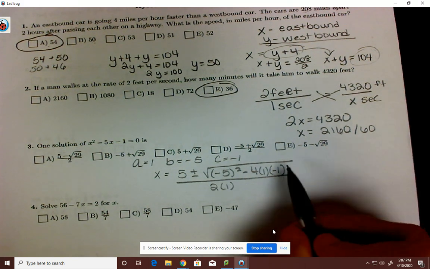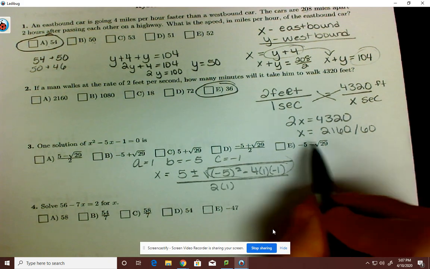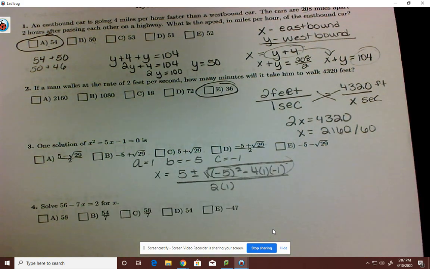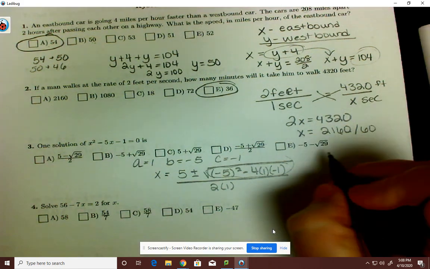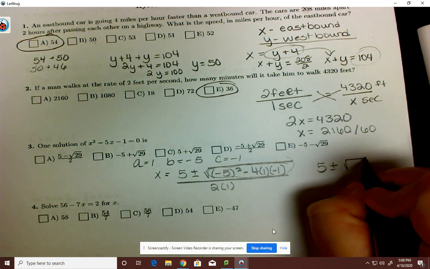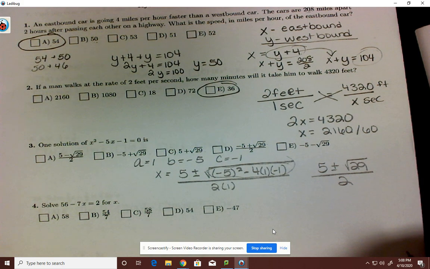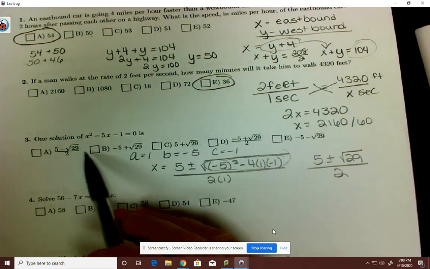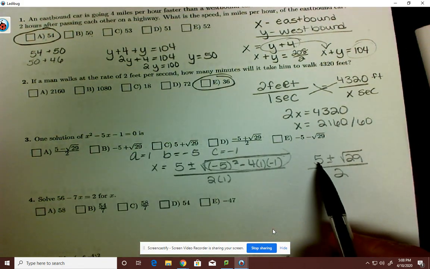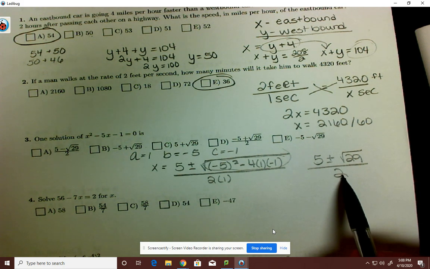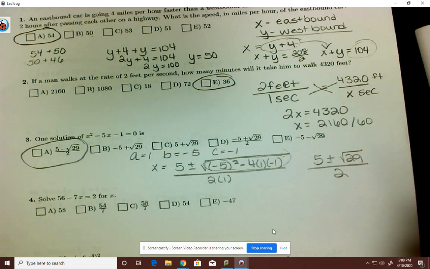So I'm going to do what's under the square root first, because I see this number under the square root. And that gives me 29. So I get 5 plus or minus the square root of 29 over 2 times 1 is 2. So which one of these would match up with that? Because it could be 5 plus the square root of 29 over 2, or 5 minus the square root of 29 over 2, which would be A.